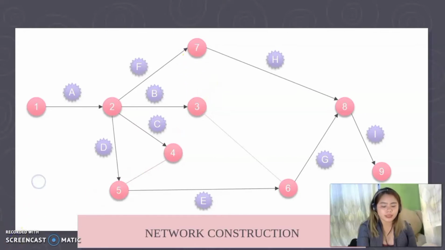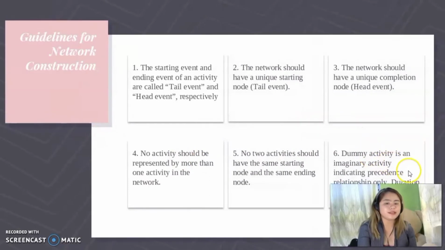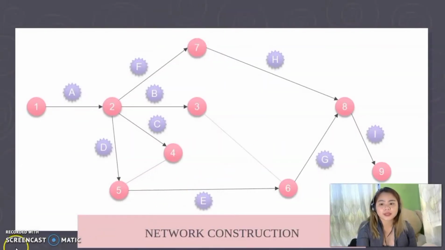And our last guideline: a dummy activity is an imaginary activity indicating precedence relationship only. So the duration of a dummy activity is 0. So look at the network. After completing activity A, then we can move to activities B, C, D. In the same way, after completing 4 and 5, now we can move to 6.